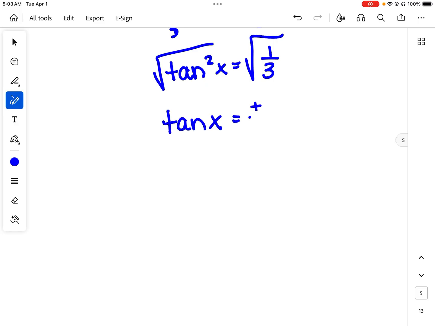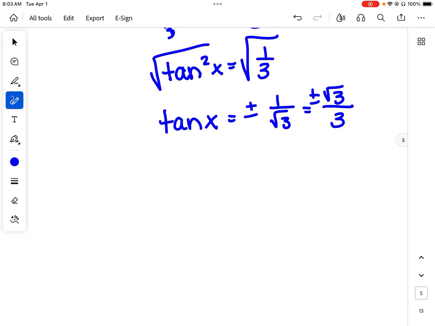So tan x equals plus and minus, let's see, it'd be 1 over square root of 3, which is square root of 3 over 3 whenever we rationalize it.